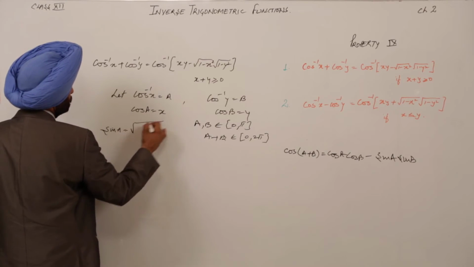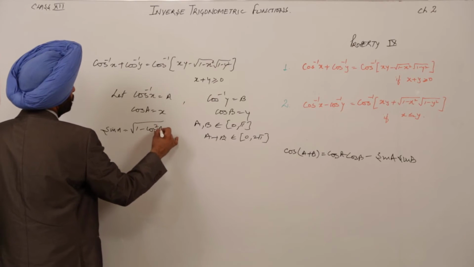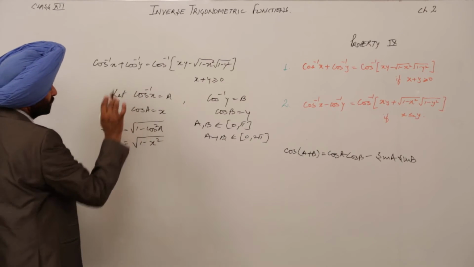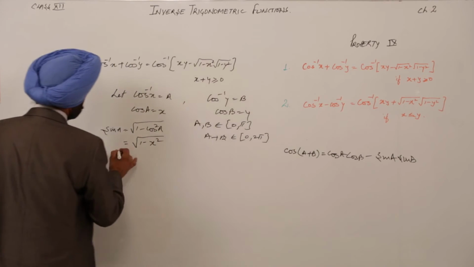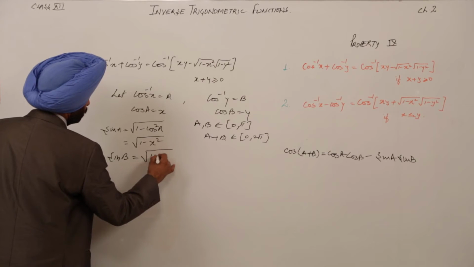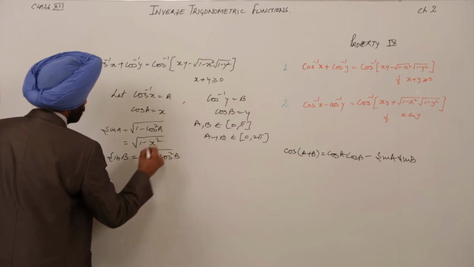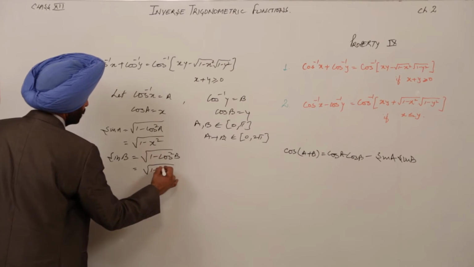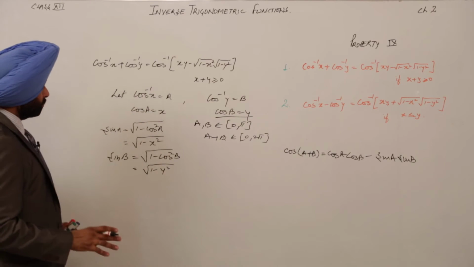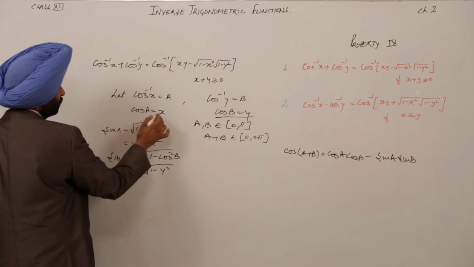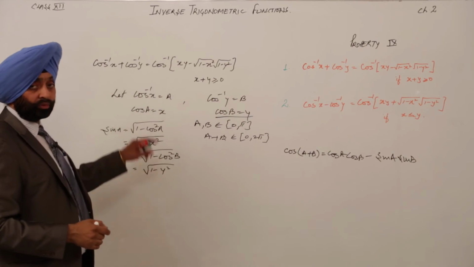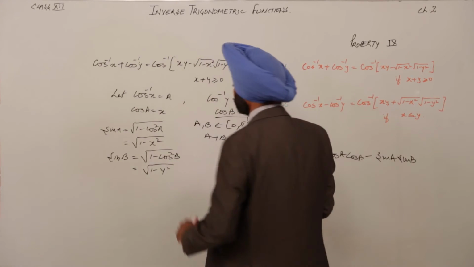Sin a is equal to under the root 1 minus cos square a. So we can write it as under the root 1 minus x square, because cos a is equal to x. Similarly, for sin b we can write under the root 1 minus cos square b, and then this will be equal to 1 minus y square, because cos b is equal to y. Now for this particular part we have x and y, square root of 1 minus x square, and square root of 1 minus y square. We have all the things right now.